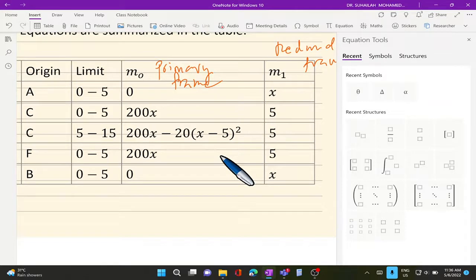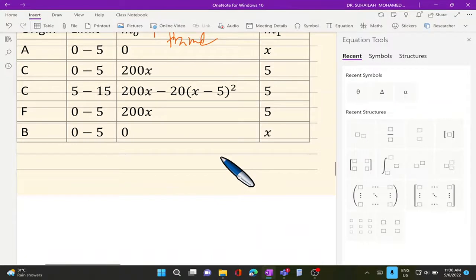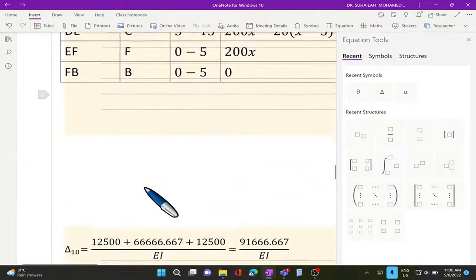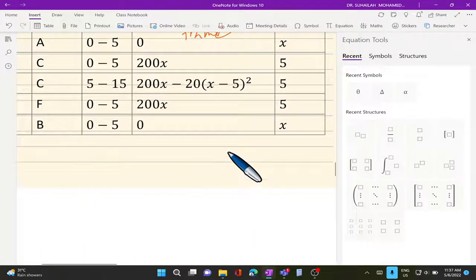M1 squared, this is for the redundant. The next value is 125. It is 250. And then 125.